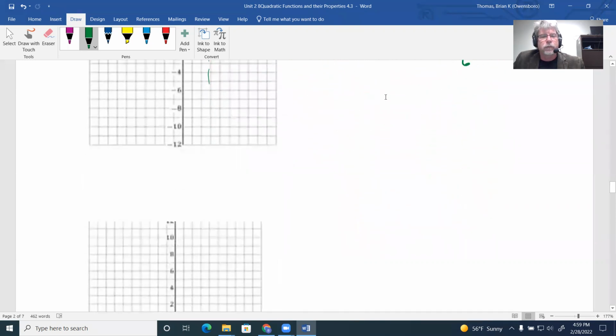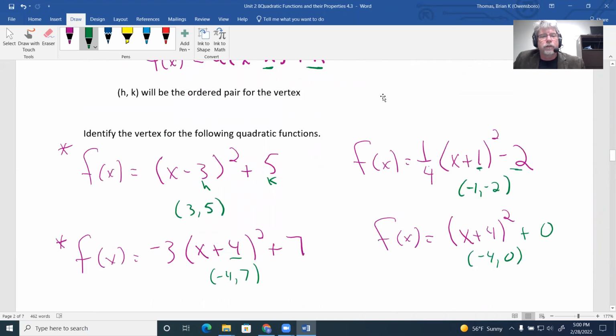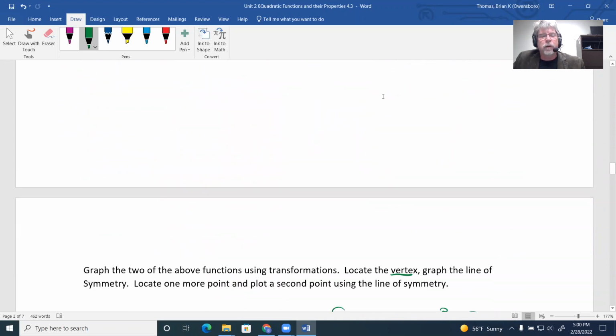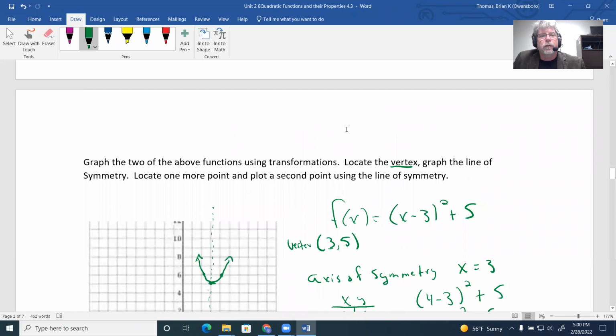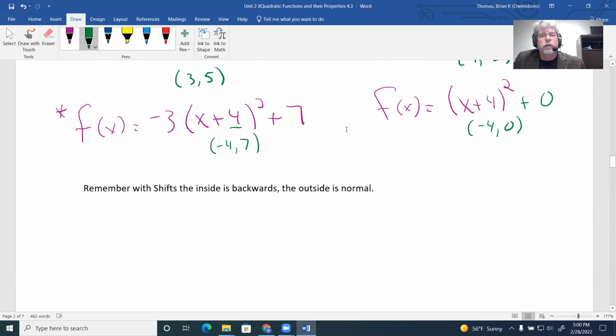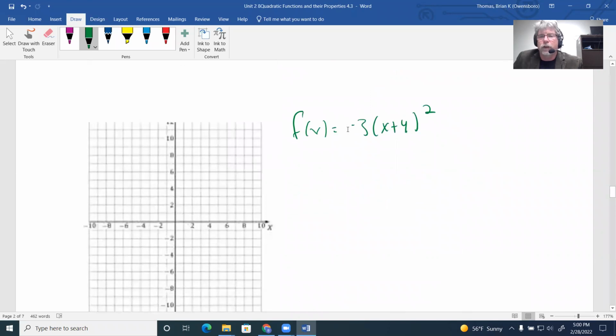So this next one we want to graph is going to be -3 times x plus 4 squared. So I have f of x equals -3 times x plus 4 squared. And what else do we have up there? Plus 7. Okay. So let's come back down here and add a 7 to it.